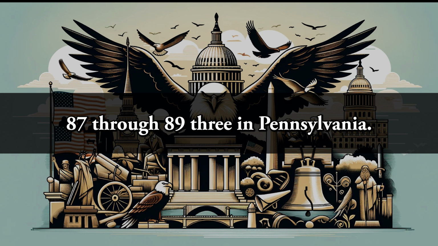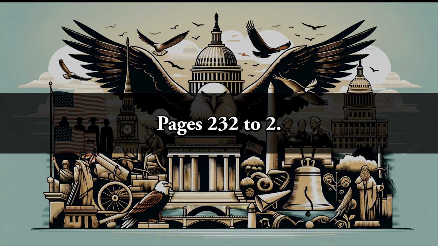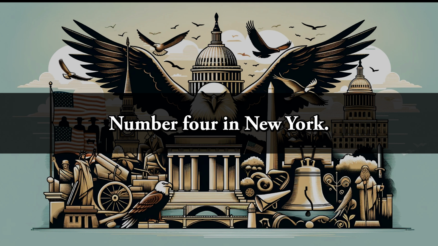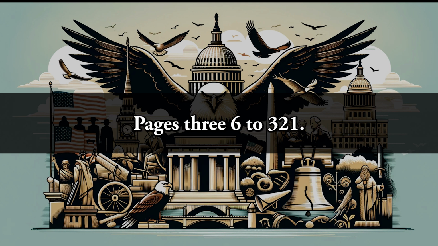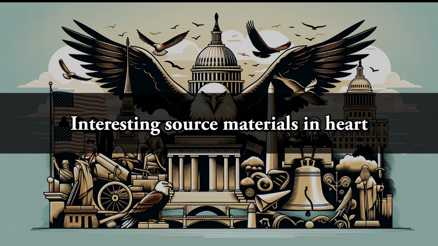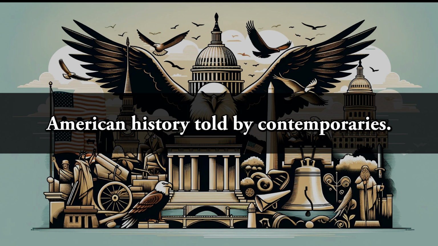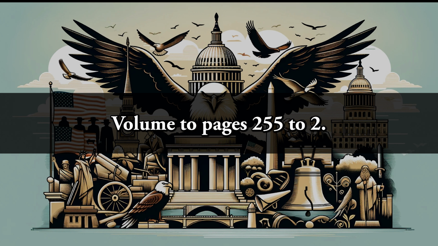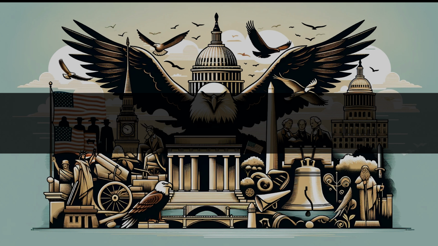In Pennsylvania, pages 232 to 237, 253 to 257. 4. In New York, pages 316 to 321. Interesting source materials in Hart, American History Told by Contemporaries, Volume 2, pages 255 to 275, 276 to 290.